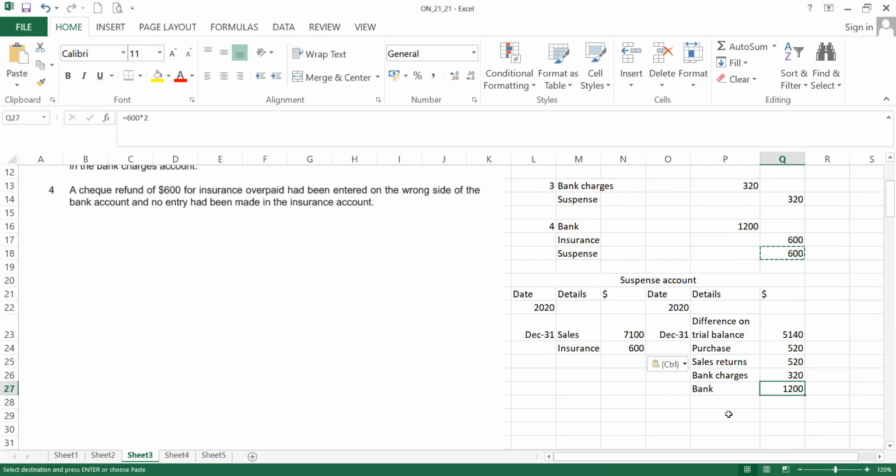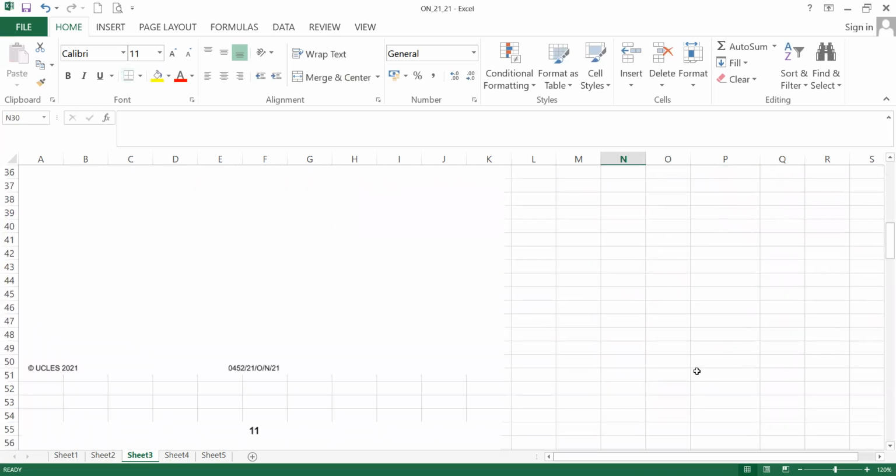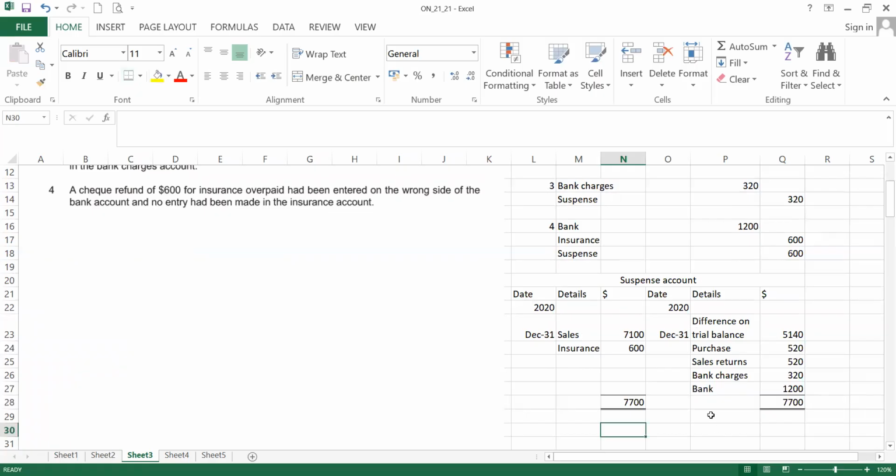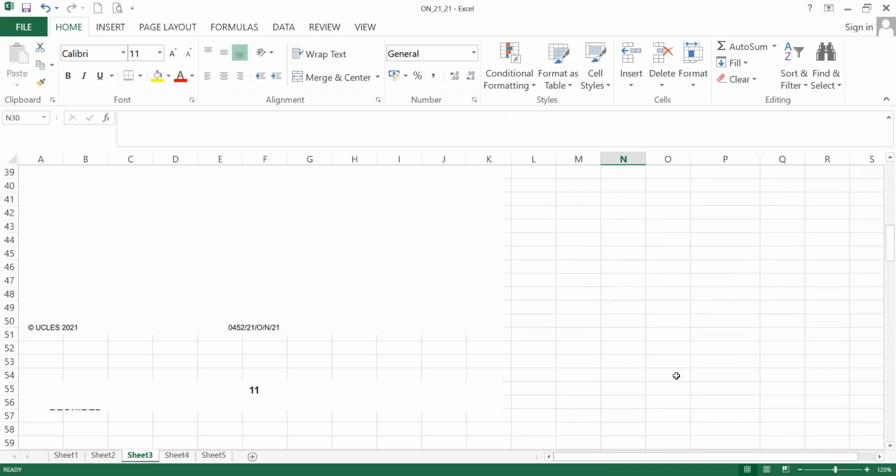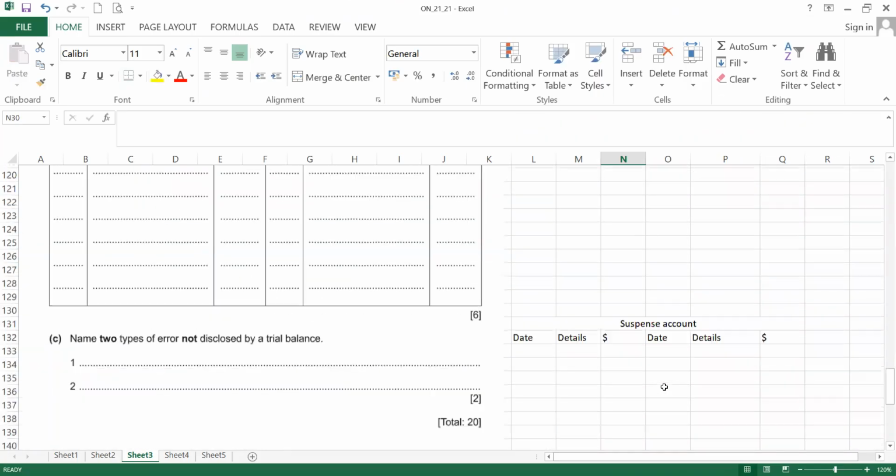Now we check whether it balances or not. Okay, 7,000. The amount is balanced. That means this suspense account should be settled. All the errors should be found already. In case the question still has a balance, you just put balance carried down, balance brought down. Okay, just in case.